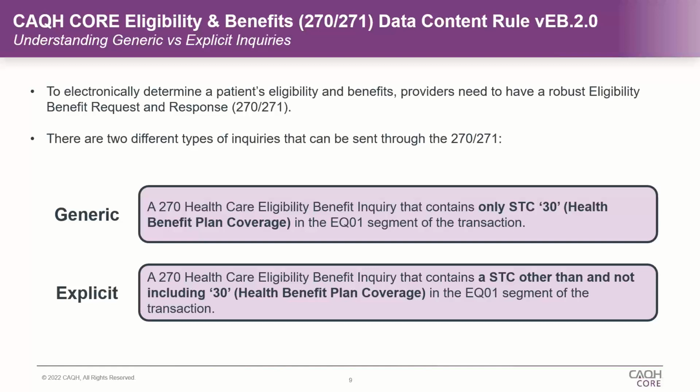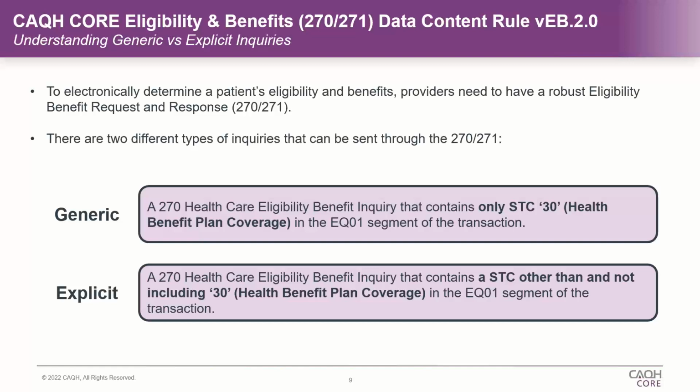So if you did a 30 on the 270 and it's mapped, so to speak, to the 10 or 11 service type codes that you have to return if it's a covered benefit at a plan level for a member, we'll use the numbers just for clarity, a 1, a 33, a 35, we'll say 47, that suite of numbers, those would be the medical, the chiropractic care, the dental coverage, the hospital.